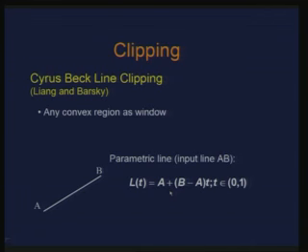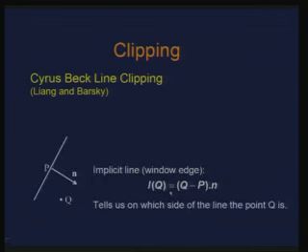Now, as far as the window edge is concerned, the window basically consists of several edges, and I am trying to answer the question of clipping with respect to the window edges. So, I represent a window edge using an implicit representation.